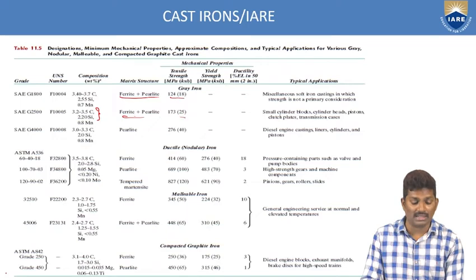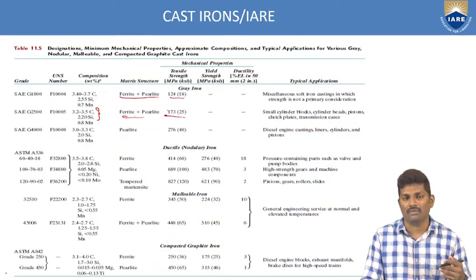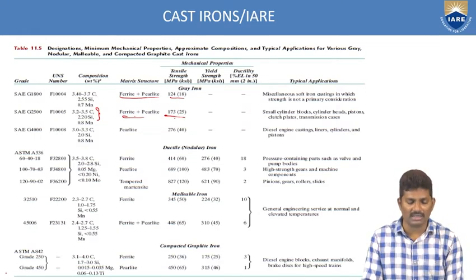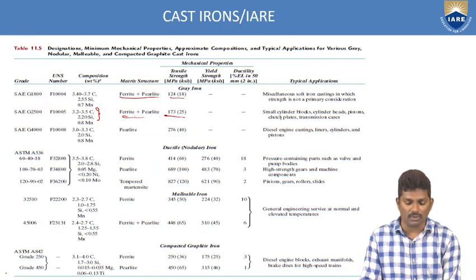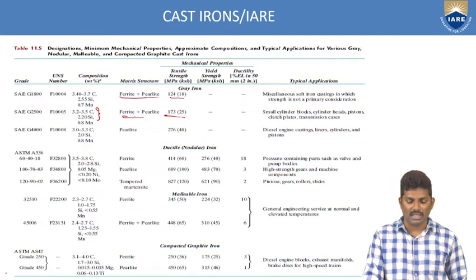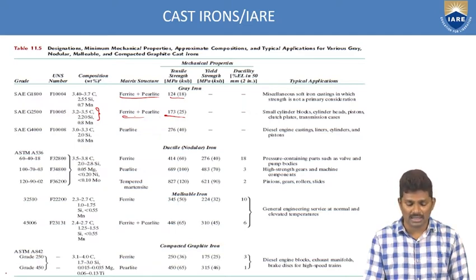And the tensile strength here is increasing, 173. In the previous case, the strength is not that much considered, that's why you are going with 1800. But here the tensile strength is 173 megapascal. So where can you use this grade of gray cast iron? It can be used in small cylinders, cylinder heads, piston clutch plates, transmission cases. These are some of the applications.